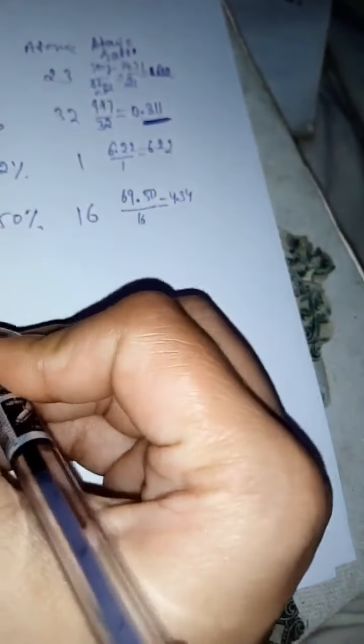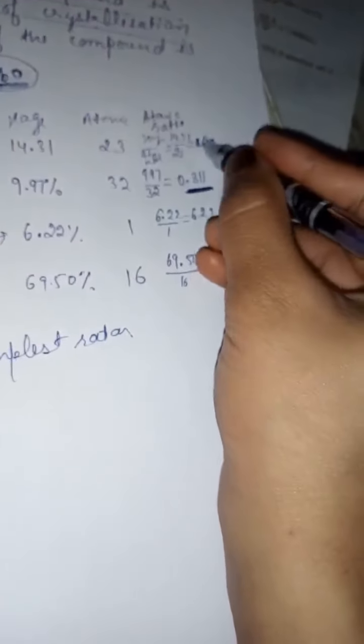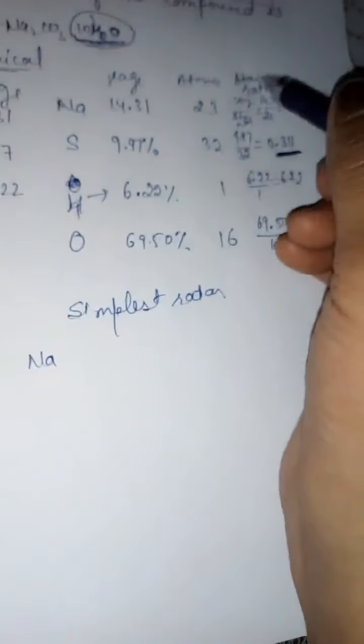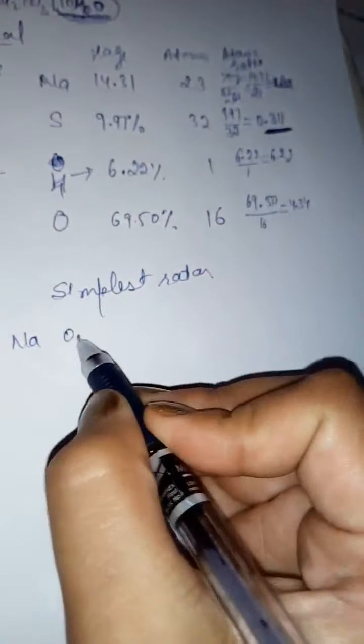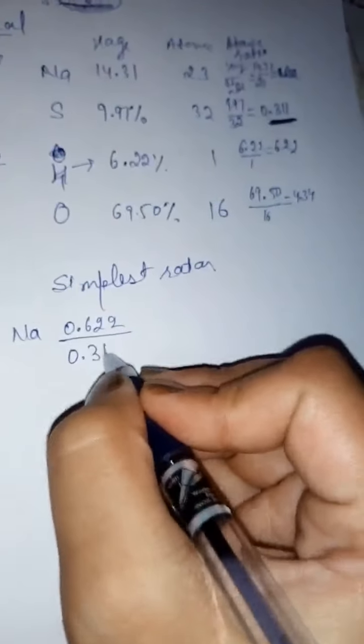From here you will take the smallest one as a fixed value with respect to which you will calculate the simplest ratio. For sodium, it will be 0.622 divided by 0.311.